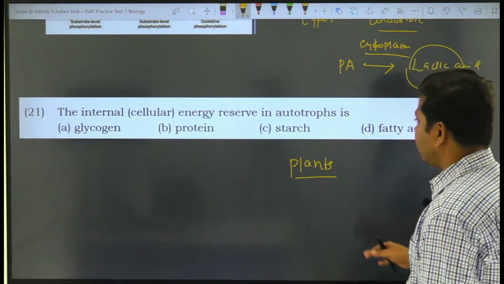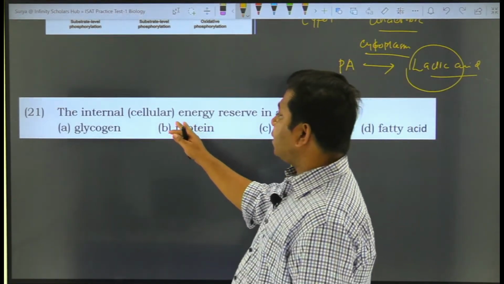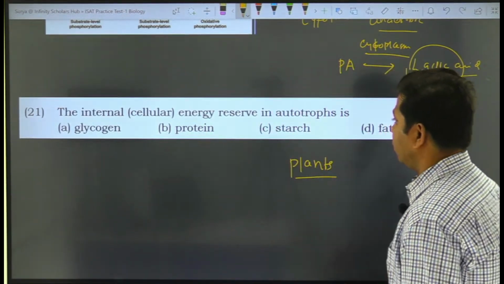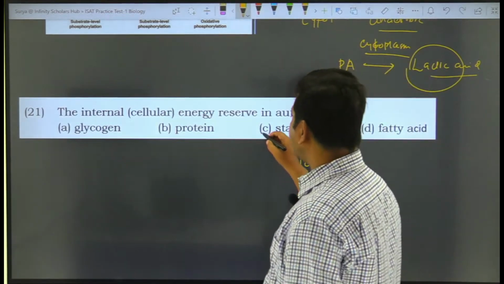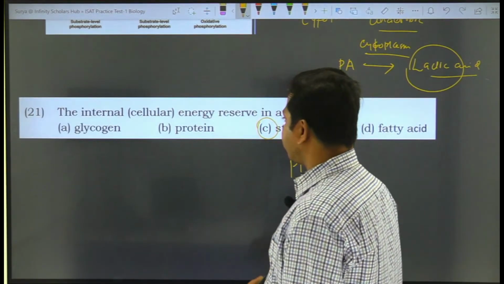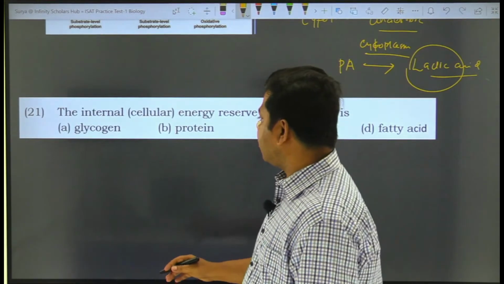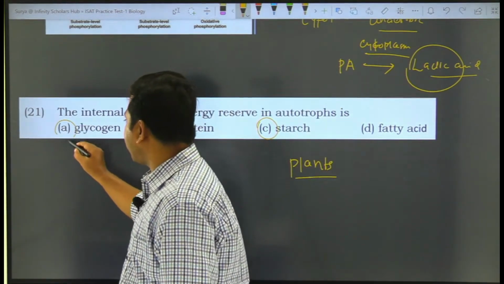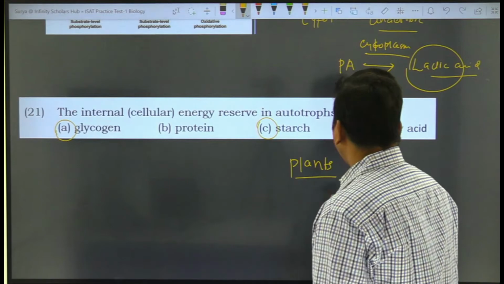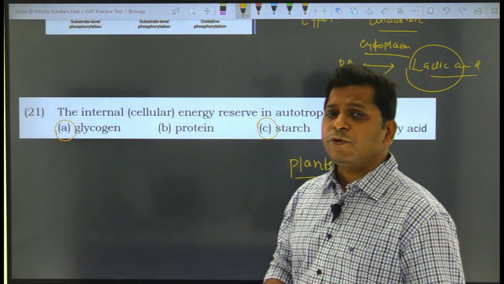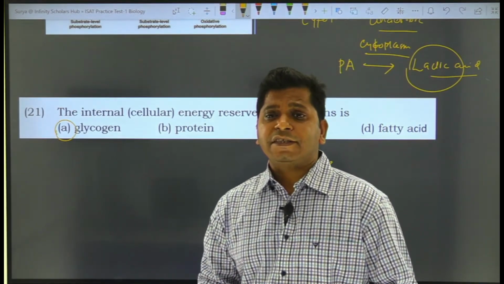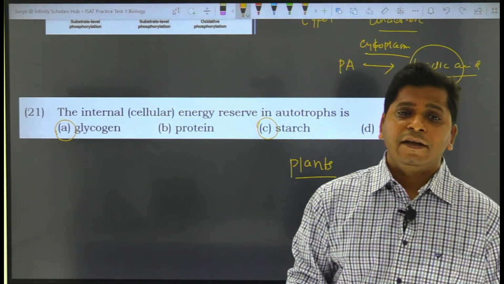So mostly the cellular energy is stored in the form of starch in case of autotrophs. In case of animals, it is stored in the form of glycogen. And fats are stored by some specific cells, and that too mostly in animals.